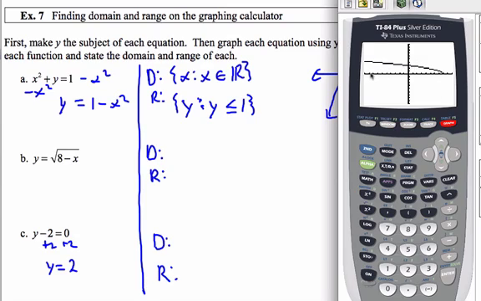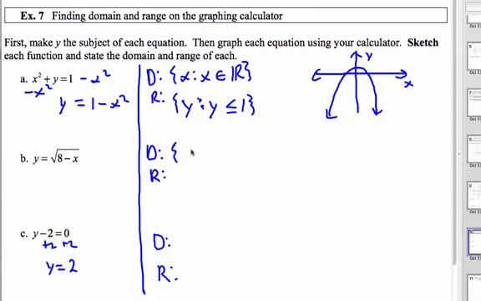So we can see that there's no x values beyond this point right here. Alright, and that will correspond to the value of 8 in this equation. So the x values have to be less than or equal to 8.